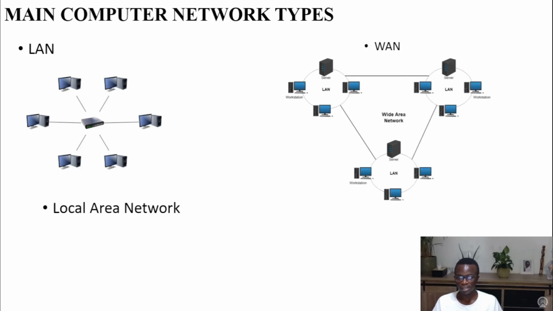So it's a network which connects different and many LANs together for the purpose of creating a communication between them. So you see there we have 3 LANs. It's an example, so they can be 4, 5, 6, 7, or 10. That's a sample.